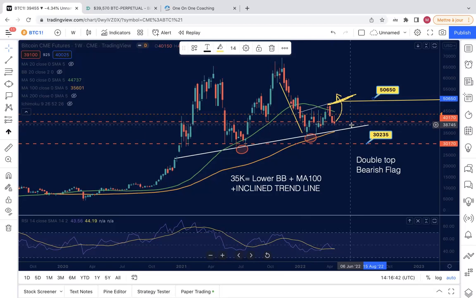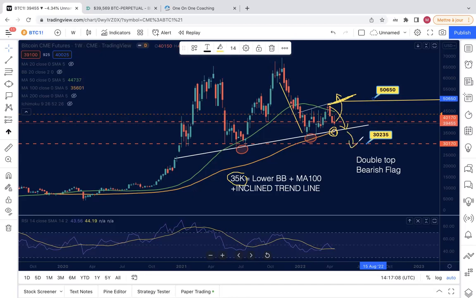Now, what if, because here we don't see anything that will let us say it will go up, because everything here turns to the downside. Okay, the breakout of this level, which is a very important level here, the 35,000, as we said, will open the neckline.